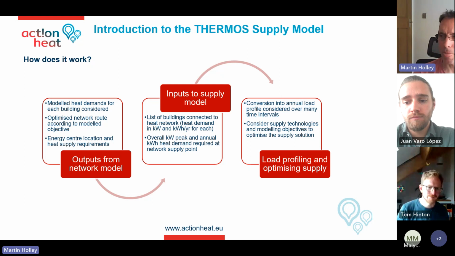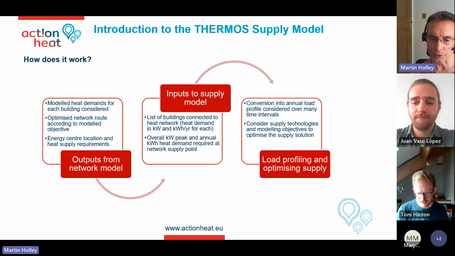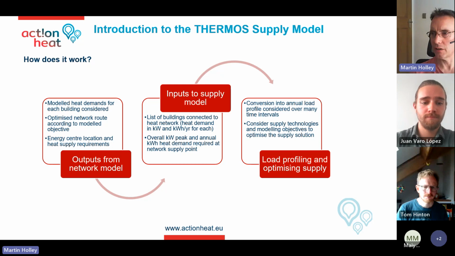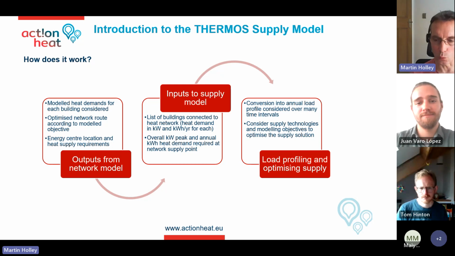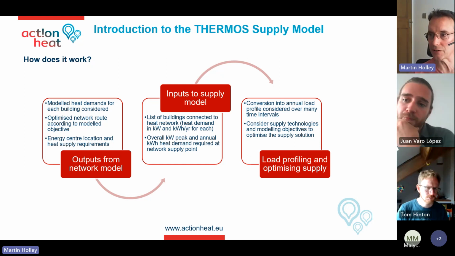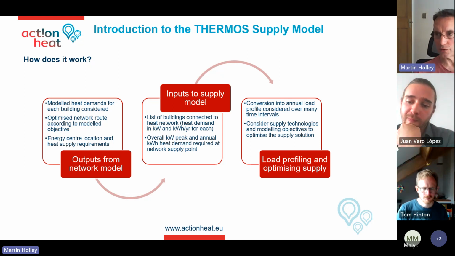But you've also got a figure that sums all of those, taking into account load diversity across the network, to give one set of figures for the supply point in terms of kilowatt peak and annual kilowatt hours demand. Those are the key figures that are used in the supply model.